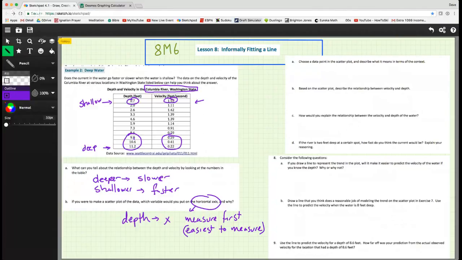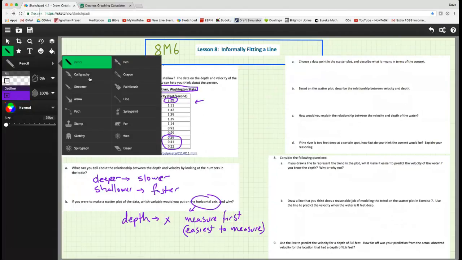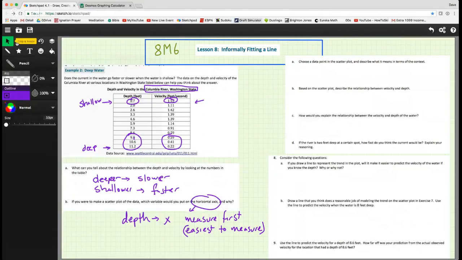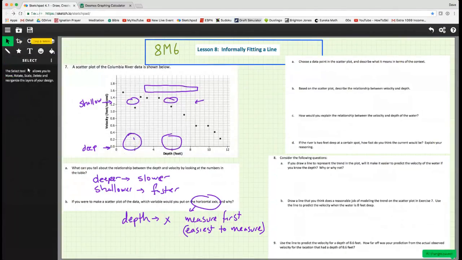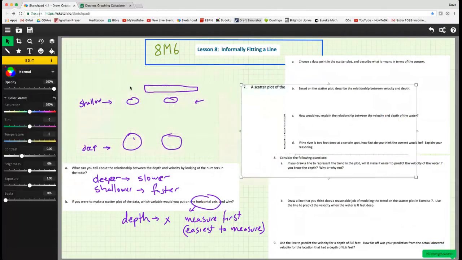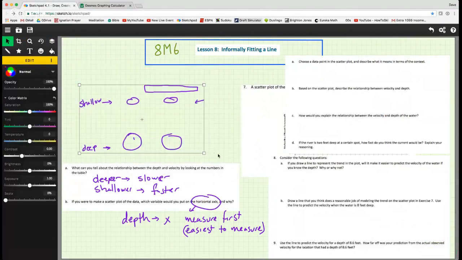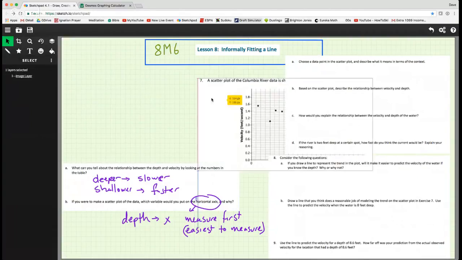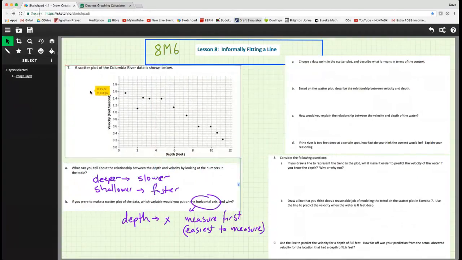Okay. So now let's actually make the plot of the data. The plot of the data is given in the book. So watch what I do here. Boom. There we go. Let's get rid of these markings now. Whoops. Just a second. Bear with me while I get rid of these markings. And there's our scatter plot.